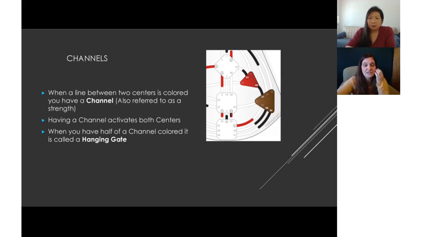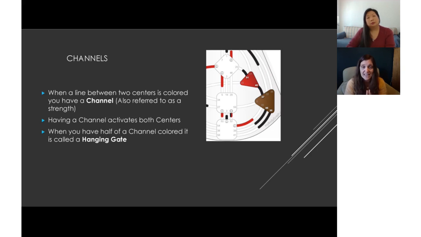Okay. Good question. So when you have a line where half of it is colored, like you can see here, this little black line, and the other side is white, then they refer to that as a hanging gate. On the unconscious level, at the energetic level, we look for people who help to bridge those gaps for us, who help to fill in the other side of our line.